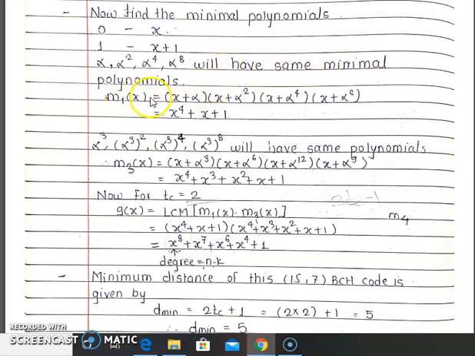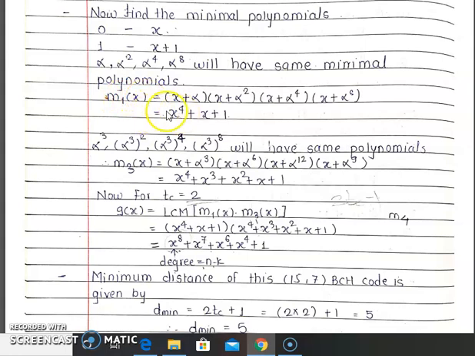So m1 of x is x plus alpha, times x plus alpha square, times x plus alpha raised to 4, times x plus alpha raised to 8. By multiplying these four, we get x raised to 4 plus x plus 1. This is the first minimal polynomial, that is m1 of x.